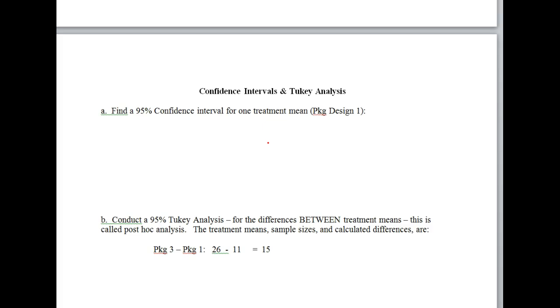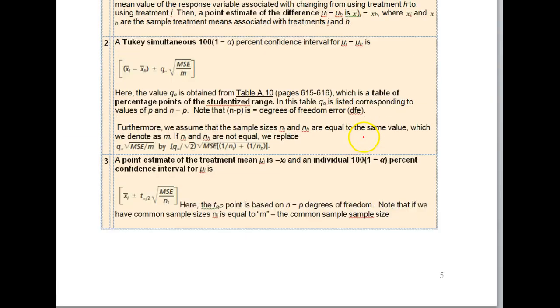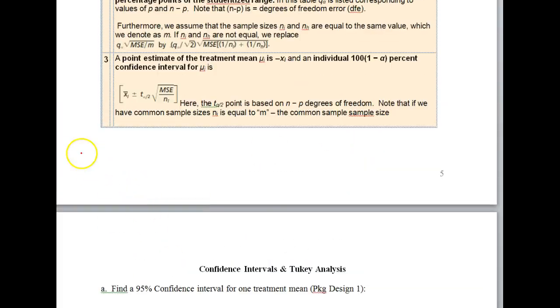Okay, so it's saying find a 95% confidence interval for one treatment mean. So we'll just do package design 1. That's what it asks us to do. So I'm just going to go ahead and write the formula. This is just our third formula here.